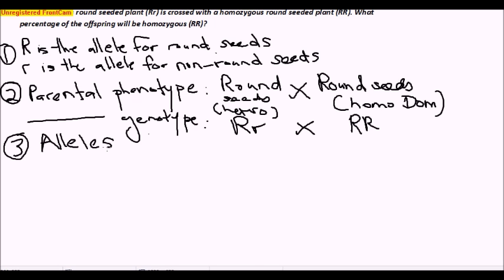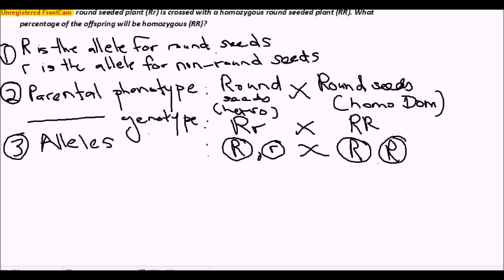Okay, so basically we will have as alleles big R, small r cross with big R, big R. Remember that your alleles have to be always circled.